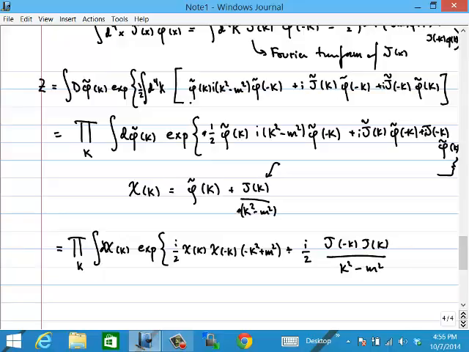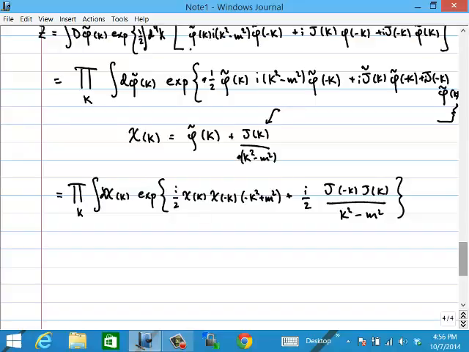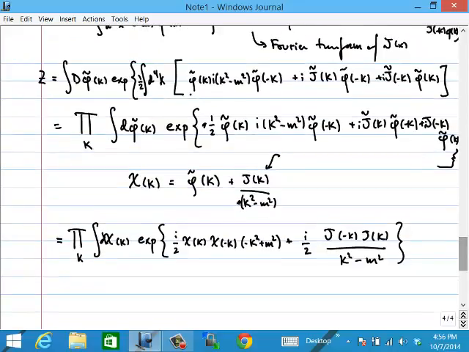Okay, looks like I got a minus sign. That just comes from completing the squares. The important thing to notice is that this second term is completely independent of the chi's, so we can remove it from the integral.